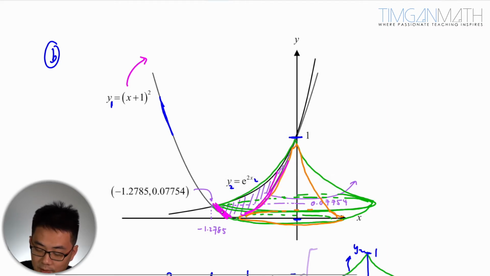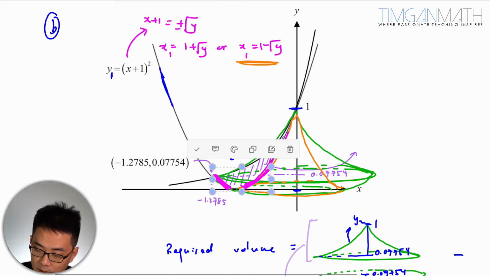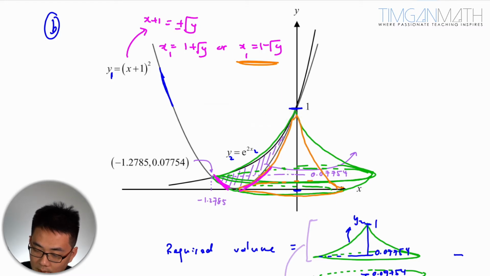One is on the left tail and the other one's on the right tail. So x equals 1 plus root y, or x equals 1 minus root y. Both are x1. The negative, 1 minus root y, will take this curve here.